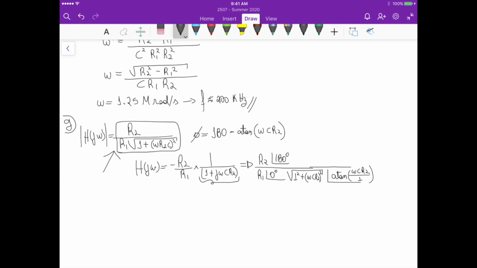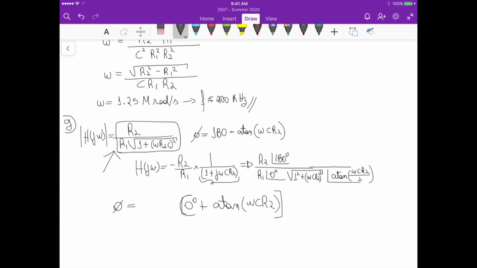Now if you look at the phase, remember that if you have complex numbers in polar form that are multiplied, we add their phases, right? So we have here at the denominator 0 degrees from R1 plus the arctangent of omega C R2 divided by 1, which is just omega C R2, right? And why did I put this in parentheses?